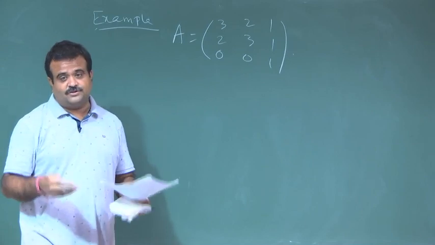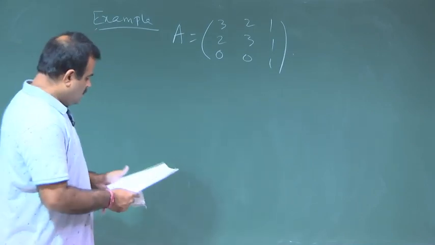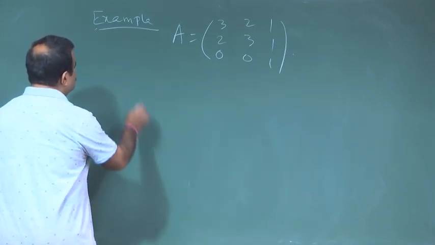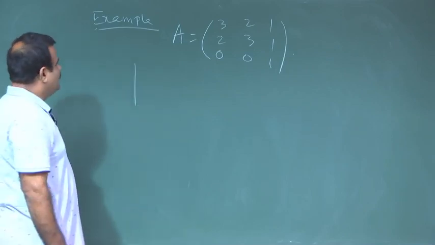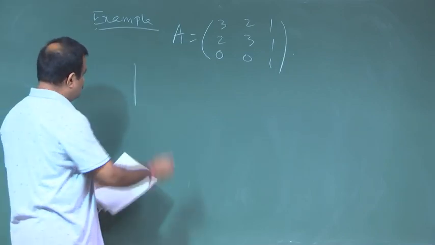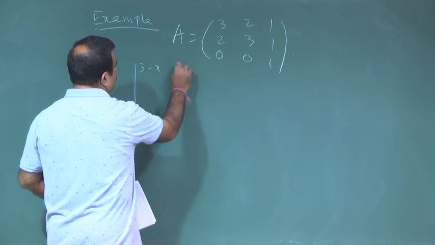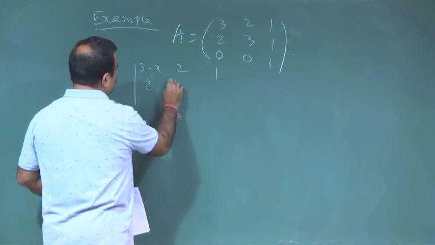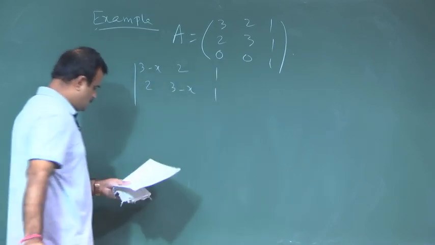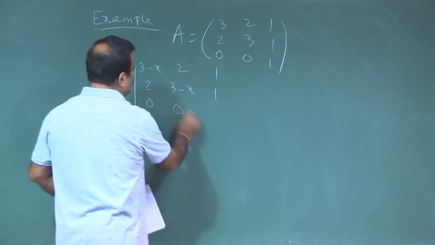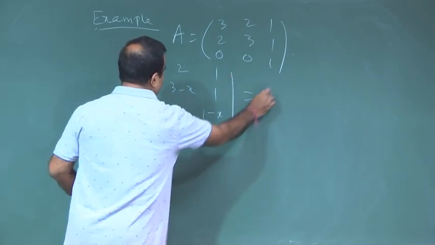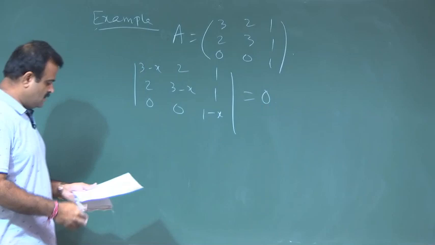Basically, first we need to find the eigenvalues. To find the eigenvalues we need to consider the characteristic equation of this matrix. This is 3 minus x, 2, 1; 2, 3 minus x, 1; 0, 0, 1 minus x. This is the characteristic equation of this matrix.